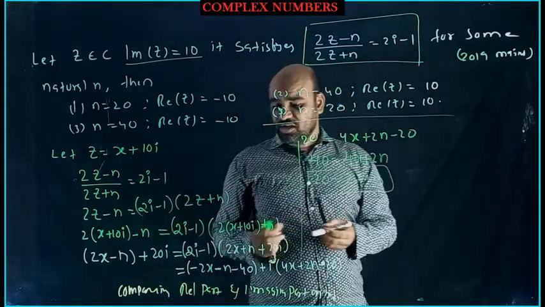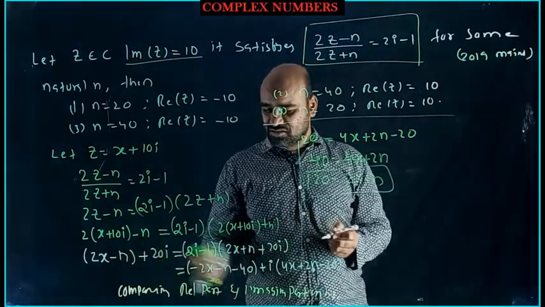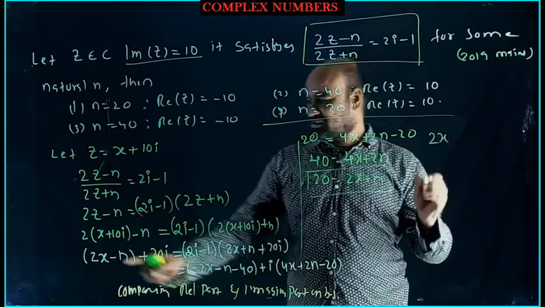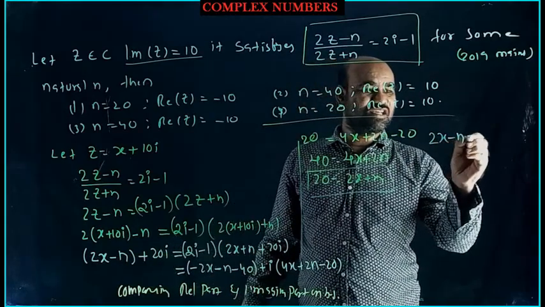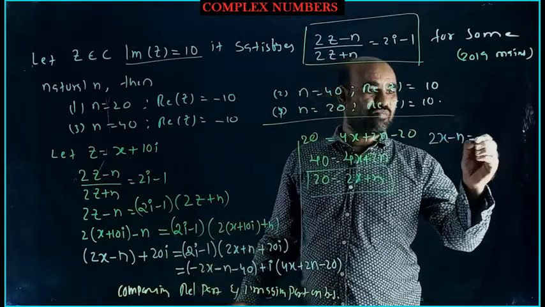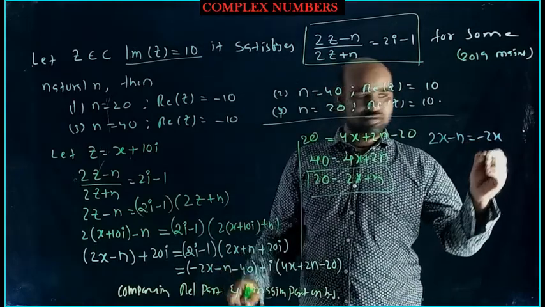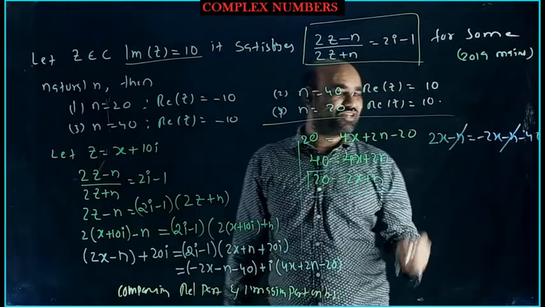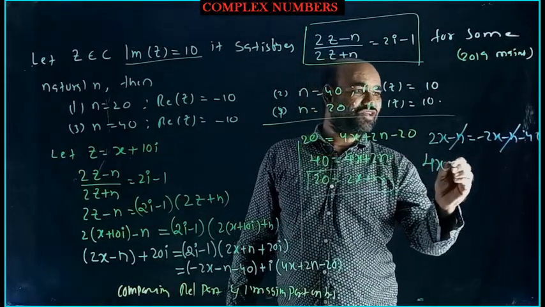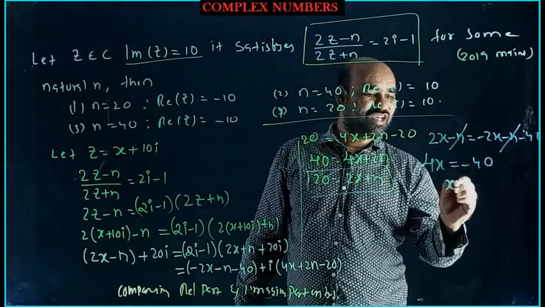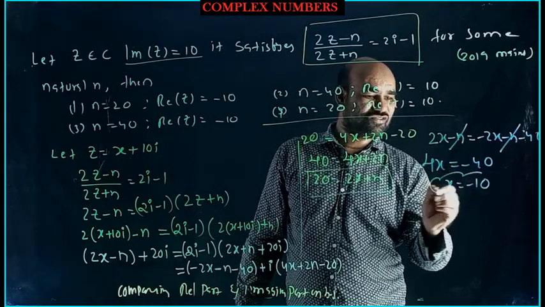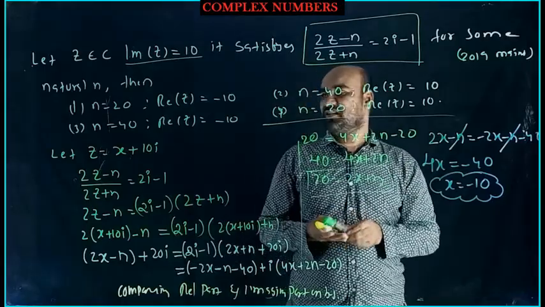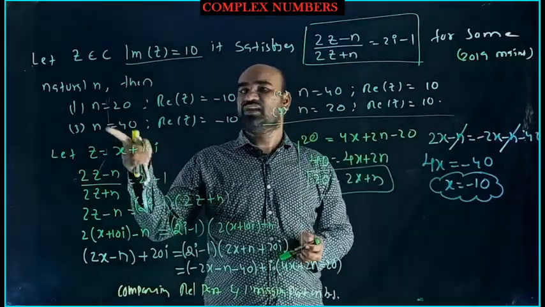Now I compare the real part: 2x minus n is equal to minus 2x minus n minus 40. Minus n gets cancelled, 4x equal to minus 40, x equal to minus 10. So we got the real part of z, that is minus 10.